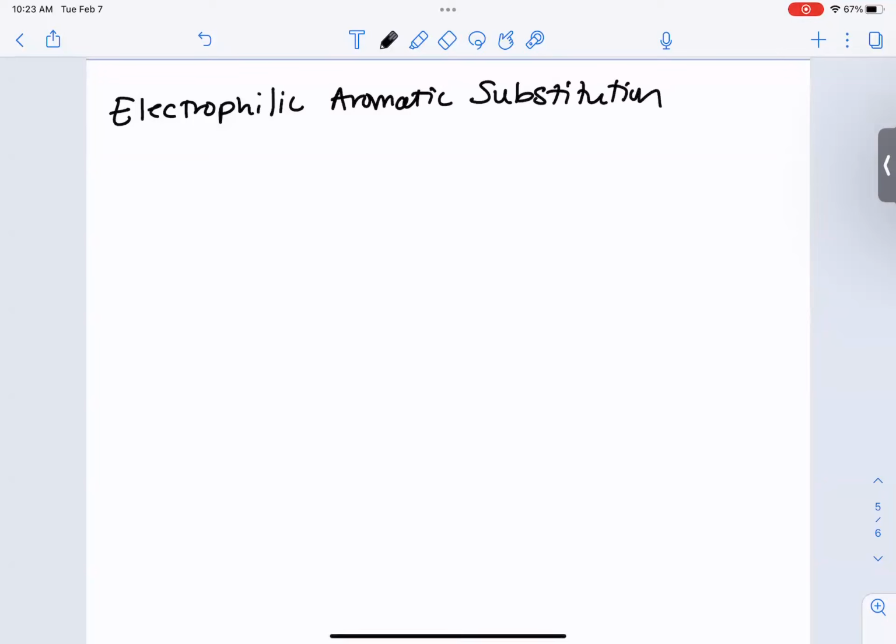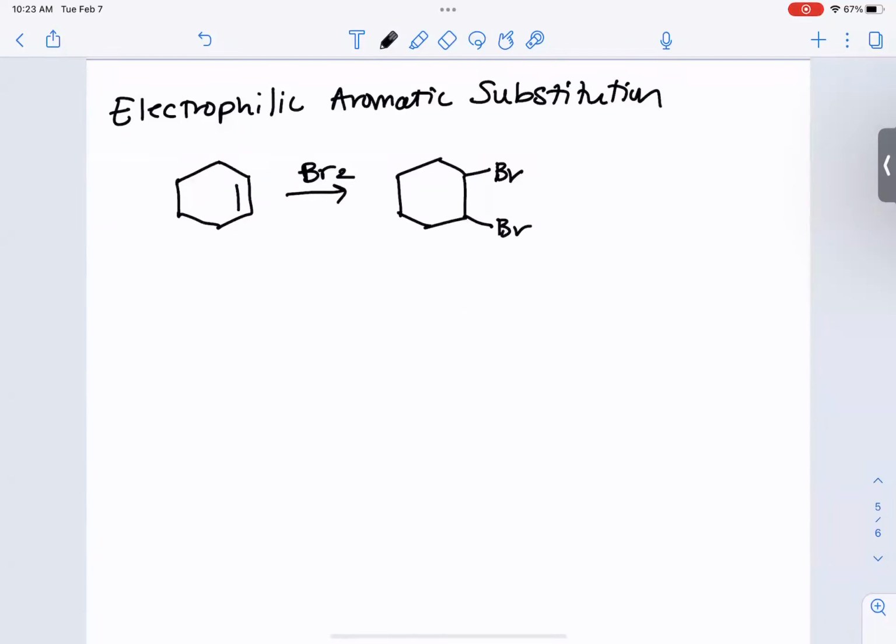So we've done electrophilic addition already this semester, but just to recap from the fall: if you have a double bond and you add an electrophile, you add to the double bond. This is just electrophilic addition. That doesn't work when you have benzene.